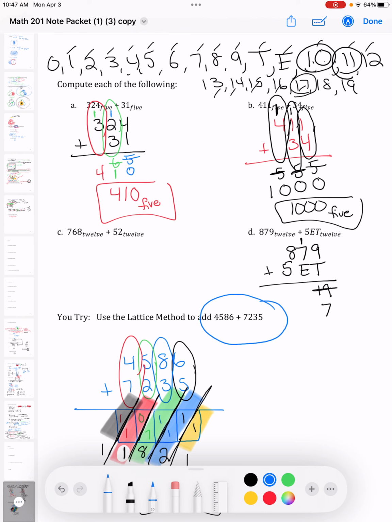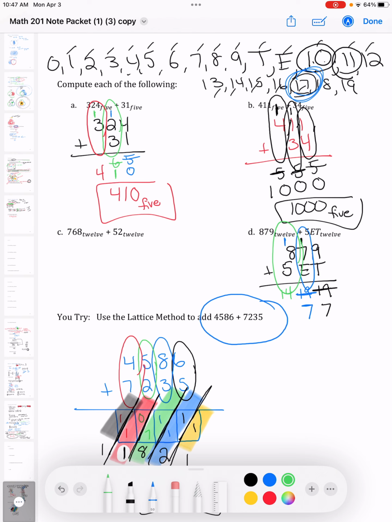I'm going to keep adding. 1 plus 7 is 8. 8 plus 11 happens to give me 19 again. I know that 19th digit is 1 twelve and 7 ones. And last, I've got 1 plus 8, which is 9, plus 5 gives me 14.